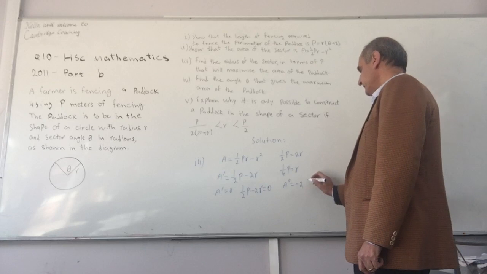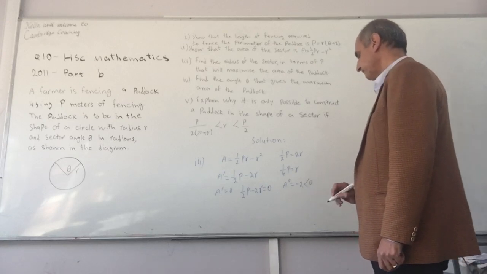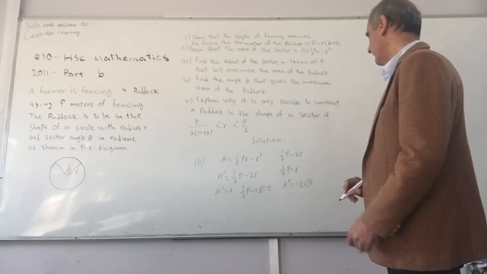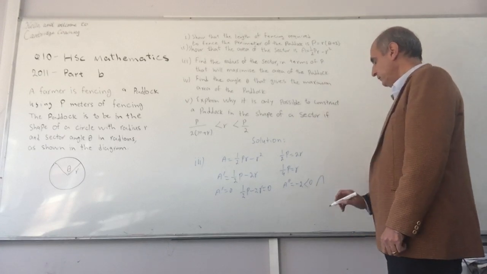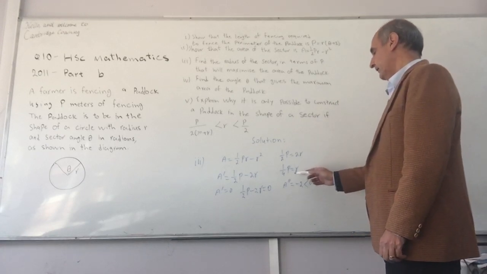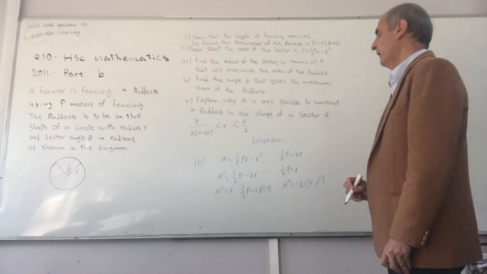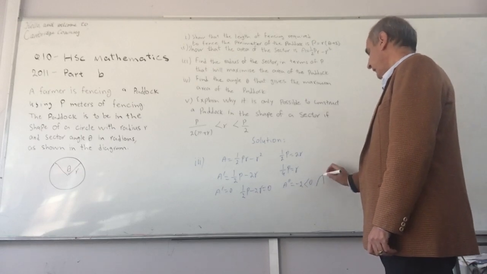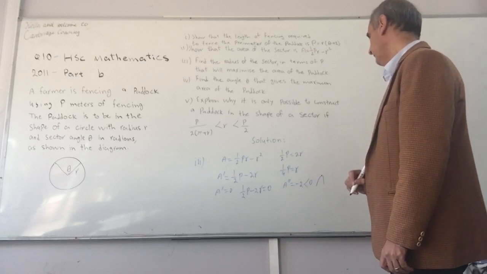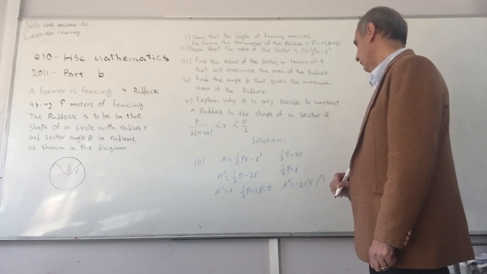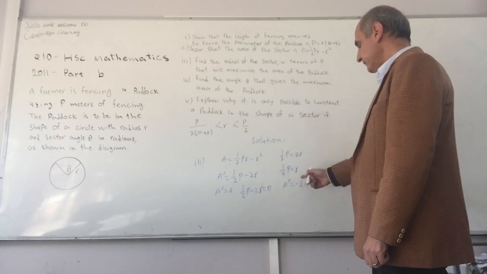So because this is less than 0, that means that we have a concave down curve when you graph A versus R. So as a result, you will have a maximum value for any stationary point.